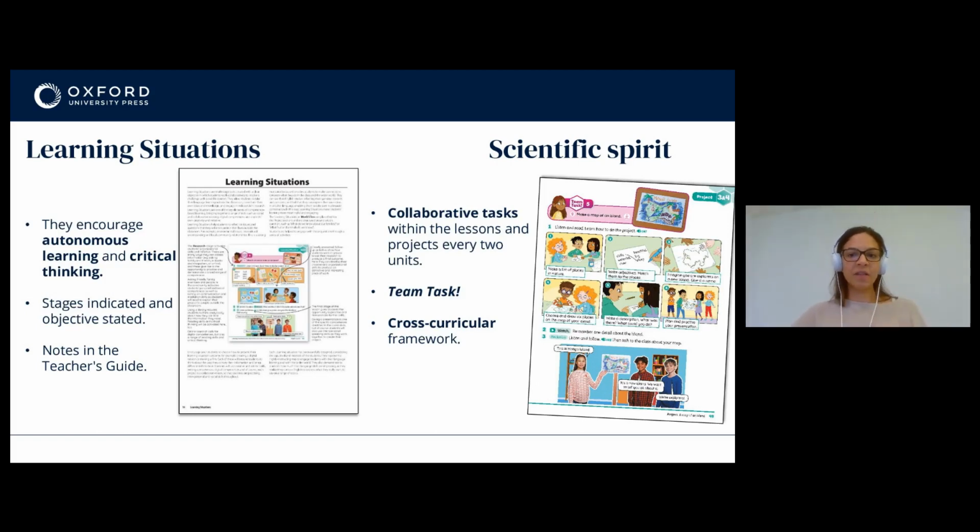That's the essence of the learning situations: students can perform in situations or tasks that are similar to the world around us. Also, World Class develops a scientific spirit through collaborative projects, through the team tasks, and through a cross-curricular framework.